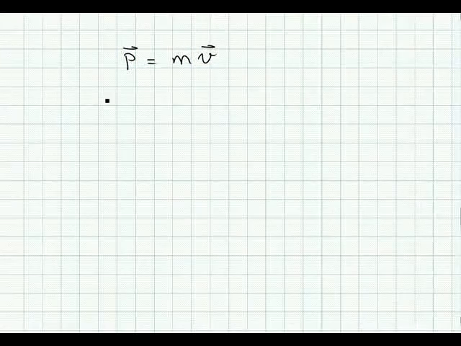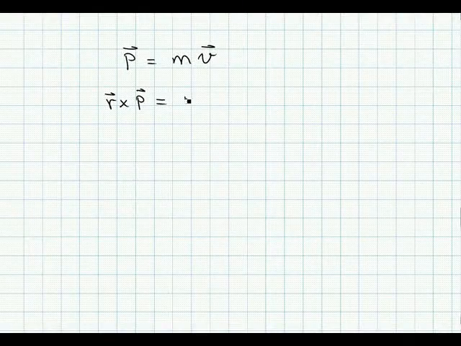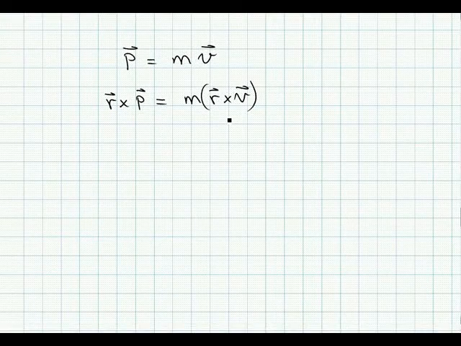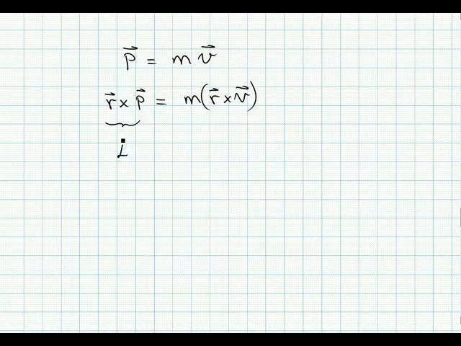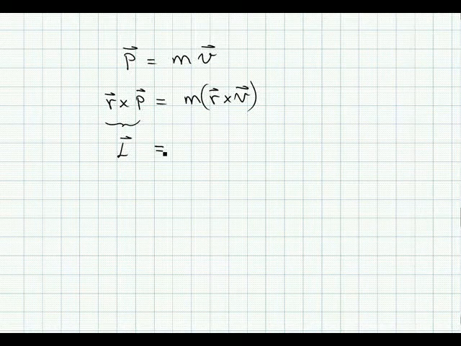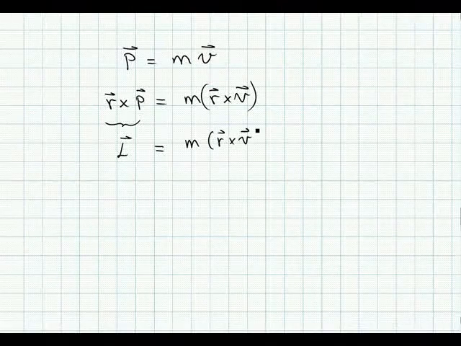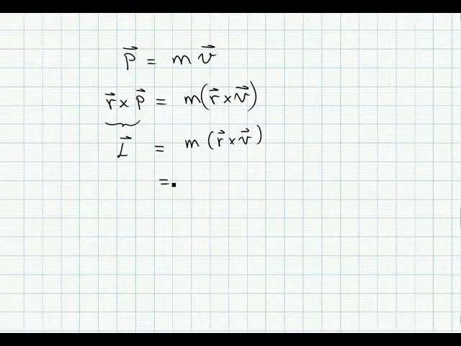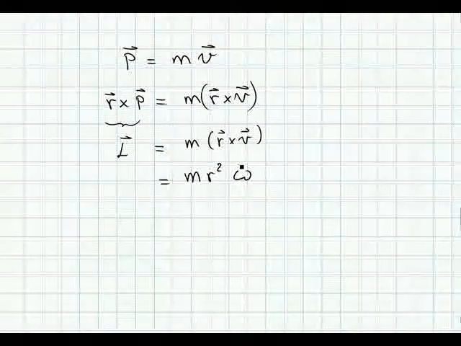So we can now take the moment of this, and we end up with r cross v. m is scalar, of course, so I can bring it out of the cross product. r cross p I can define as my angular momentum, is equal to m r cross v, and r cross v, as we saw just a minute ago, is equal to r squared omega.